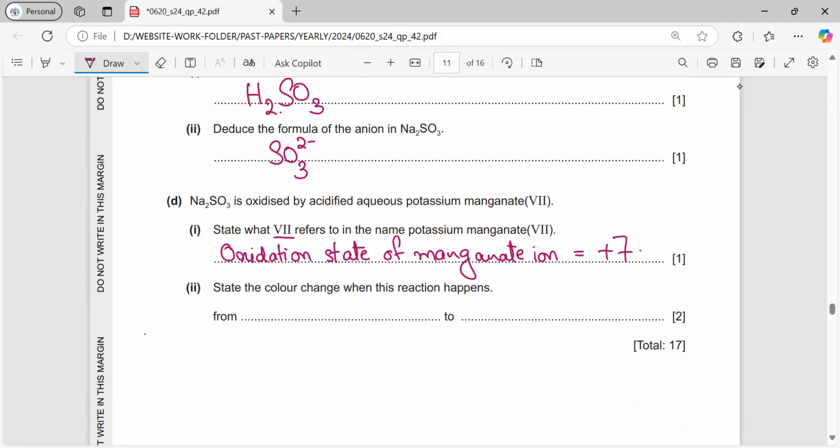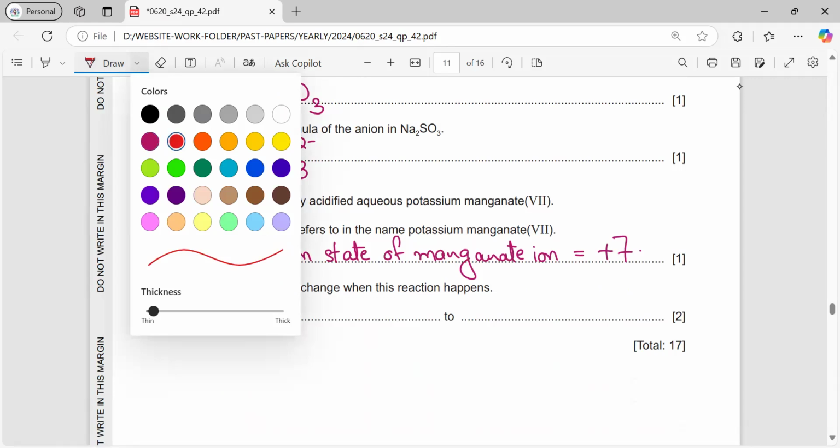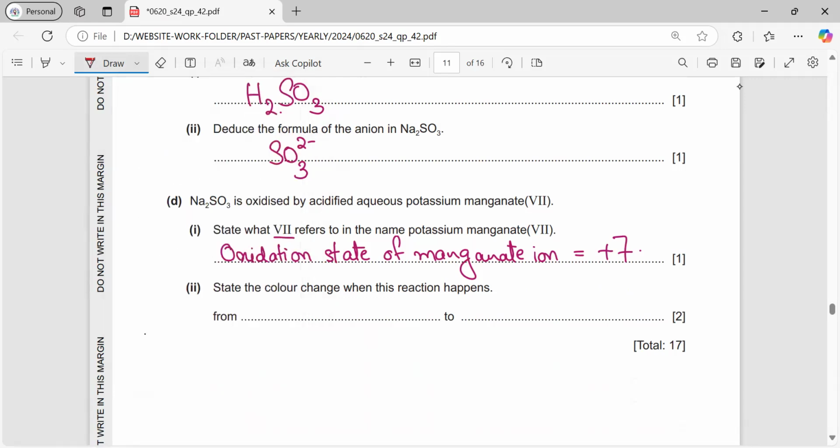State the color change when this happens. So as we know that potassium manganate is of purple color. It's of purple color, and when it gets reduced, when it gains electrons, it becomes colorless. Because the purple color of the manganate ion is because of MnO4 negative.